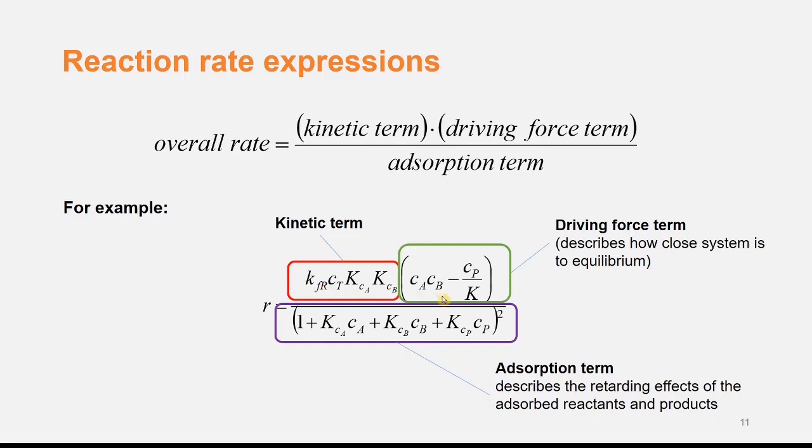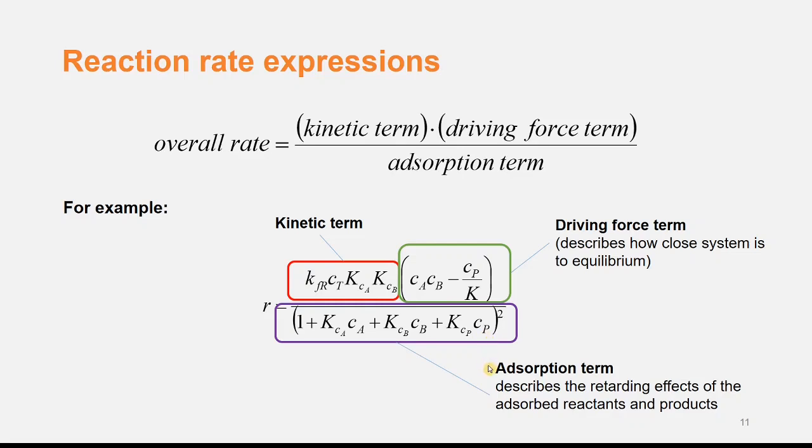A driving force term, which is related to the concentrations of the reactants and products and describes how close the system is to equilibrium. Capital K is the overall equilibrium constant. And finally, an adsorption term, which accounts for all of the species being adsorbed on the catalyst surface and competing for active sites.